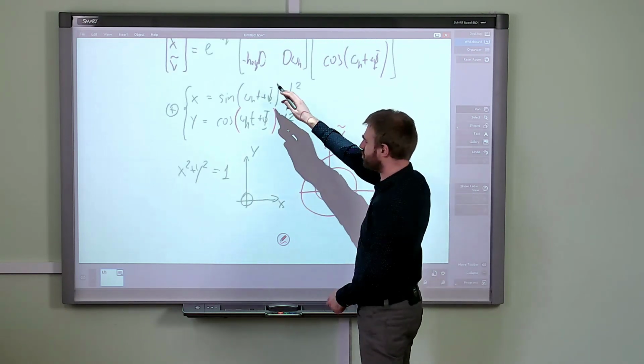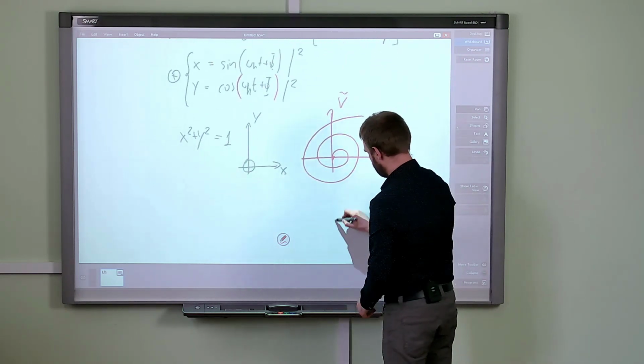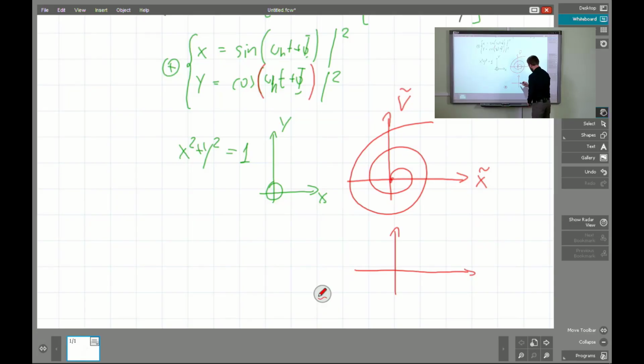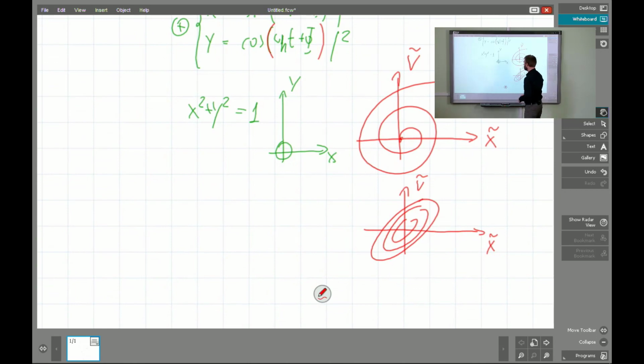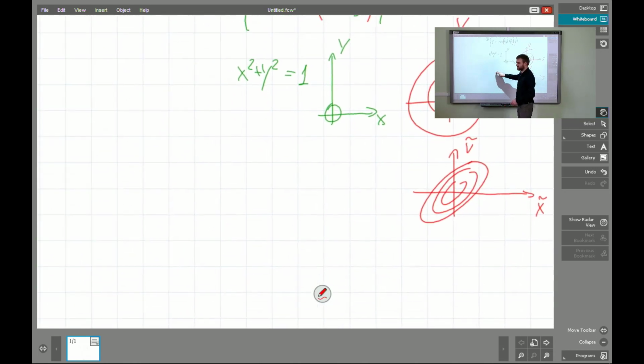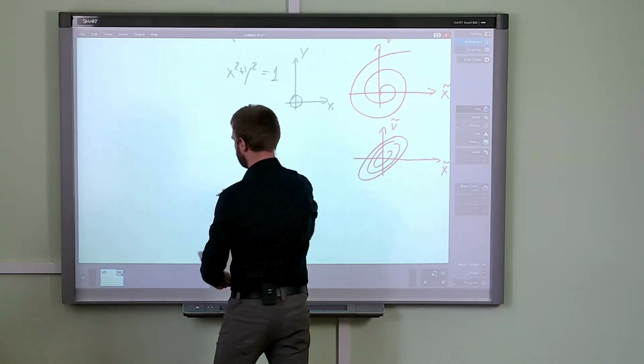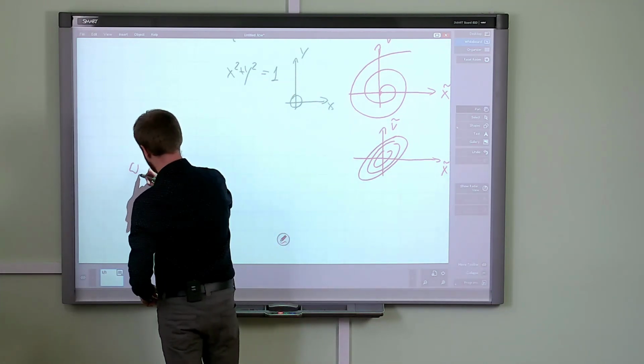Only for h equal 0 will we get the ellipse, such a thing, let's say, in the x dot, v dot plane.